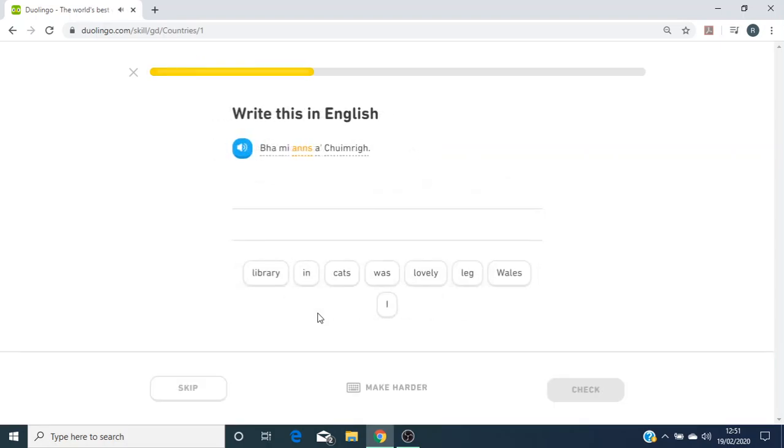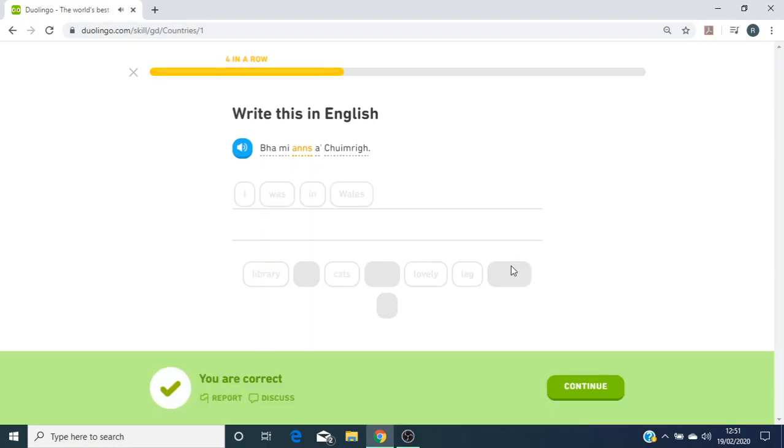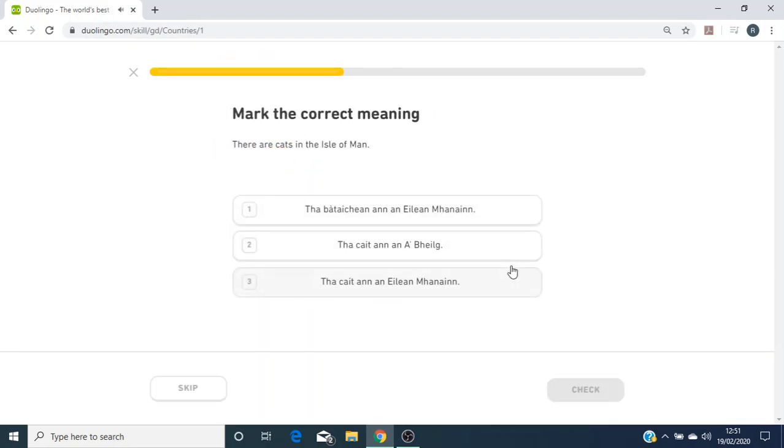So I'm in Wales, or I was in Wales. There are cats on the Isle of Man.